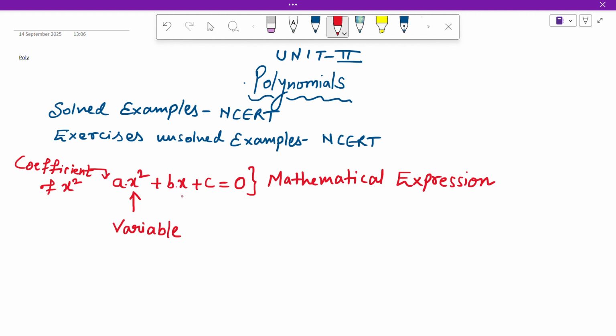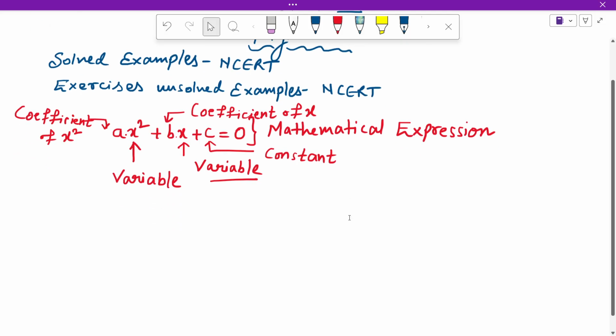And here along with b, x is written, so x here is also known as a variable, and b is known as the coefficient of x. And at last we are having the c, and the c is known as the constant.